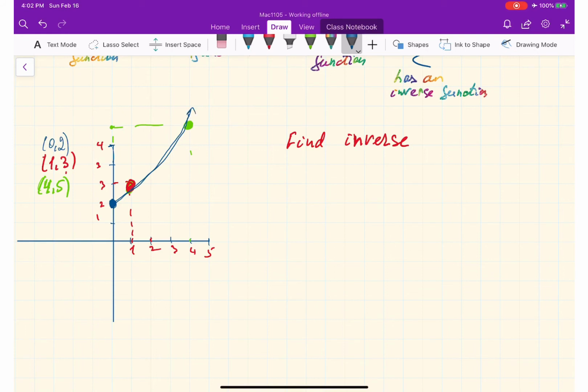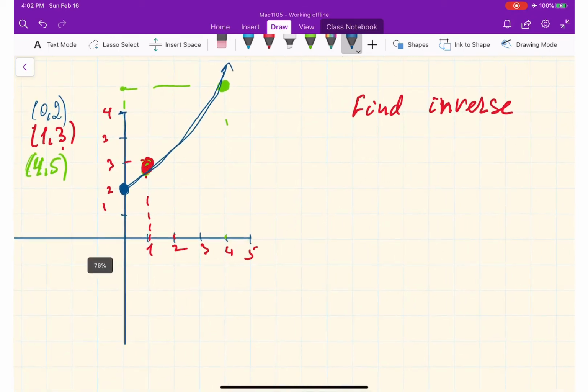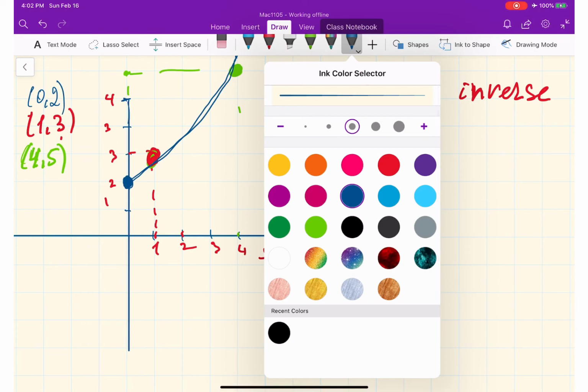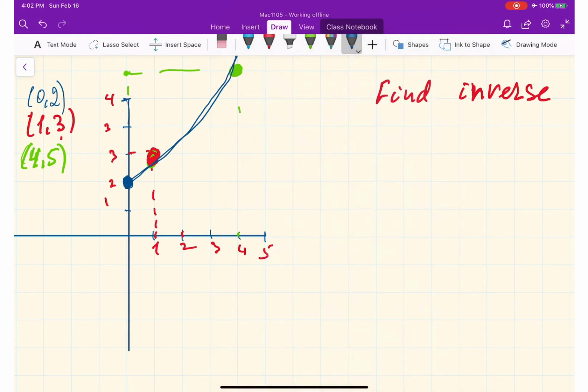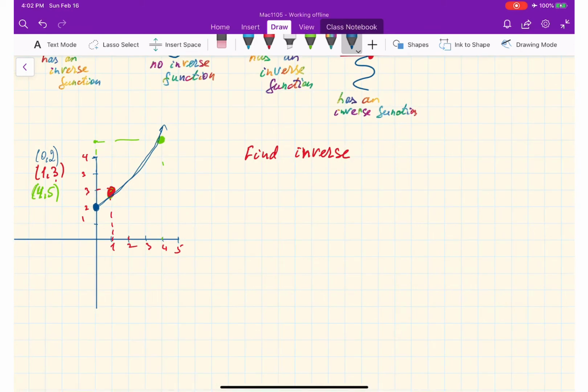Okay? Now let's see how the inverse is going to look. For the inverse, what are we going to do? We are going to switch x with y, which means 0 and 2 will go as 2 and 0. 1 and 3 is going to go to 3 and 1. And 4 and 5 is going to go to 5 and 4. Okay, let's build it. 2 and 0, it's right here.